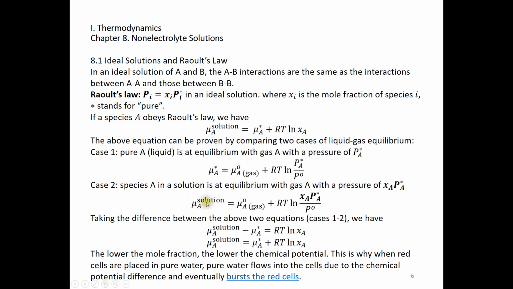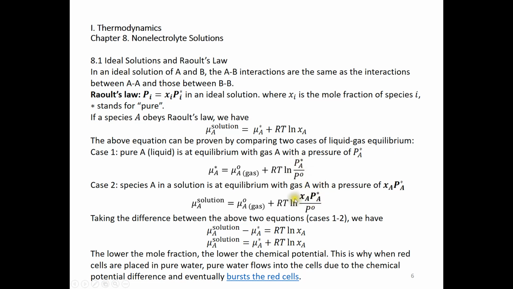This is the chemical potential of A in a solution. It's still equal to a similar equation here. The only change we need to make is over here, this is PA star. Over here it should be X of A times PA star, because over here it should be the partial pressure of A on top of the solution, and based on Raoult's law, that's just X of A times the pressure of pure A.